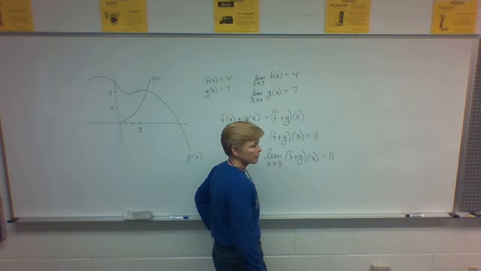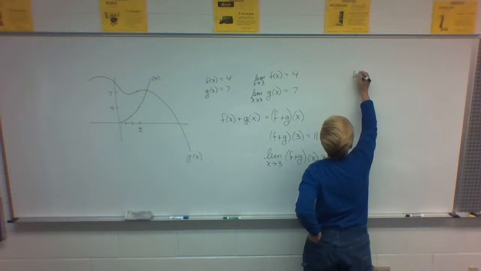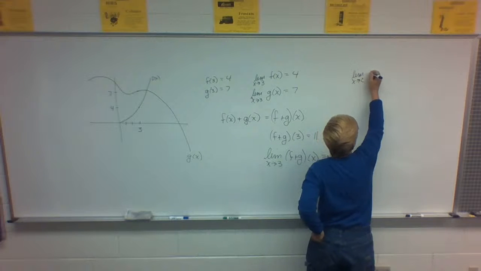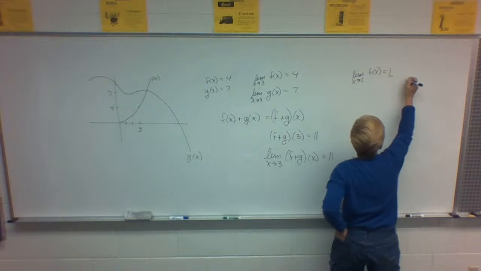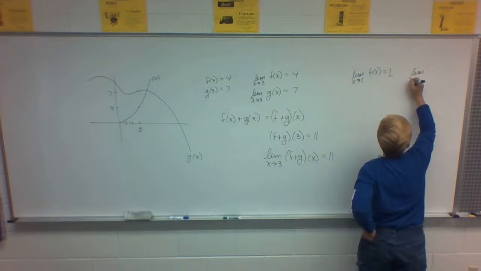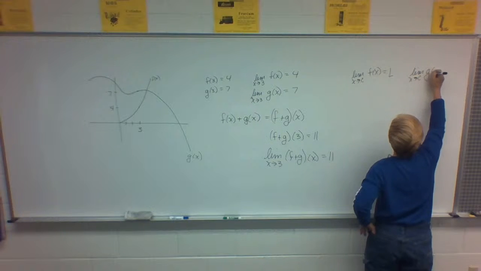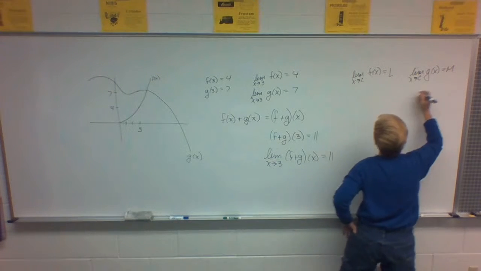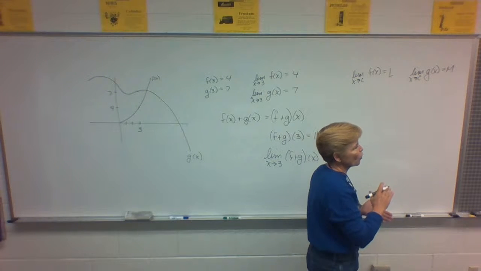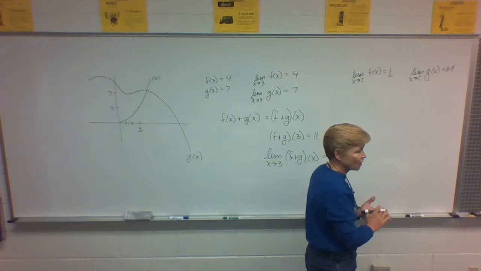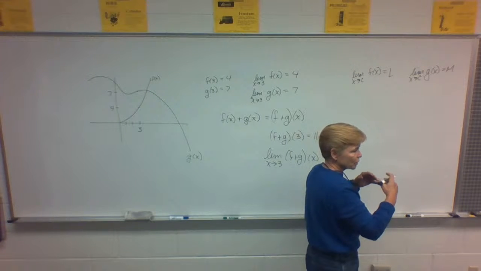You following me? So in a general way, if I have f and g, if I say the limit as x approaches c of f of x is equal to L, and the limit as x approaches the same c, it's going to be the same number like it was 2 over here, of g of x is m, then if I do something to f and g, like add them together, or subtract them, or multiply them, or divide them, or multiply one of them by a constant, then its individual limit you do the same things.